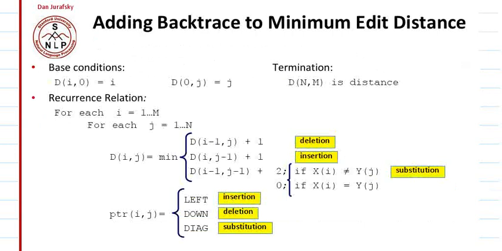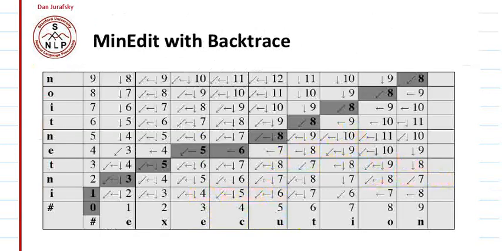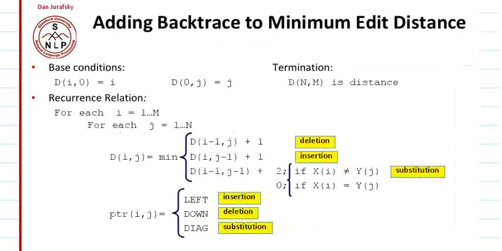So we can note down from where the pointer at every location, from where the pointer is coming, right? So if the value we are getting from this place, we can store, right? At every place we can store the pointer value, okay. So we change the algorithm a little bit.